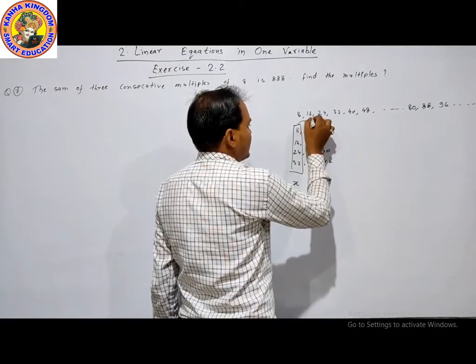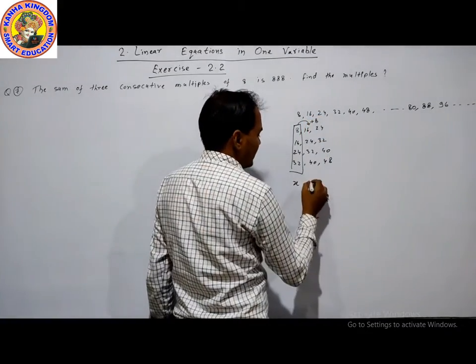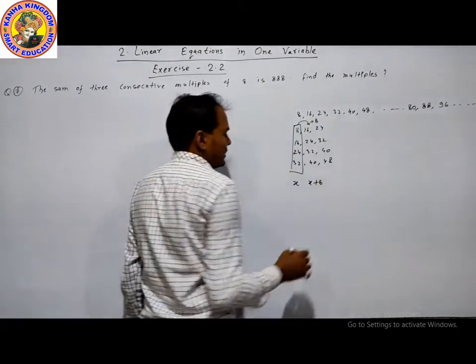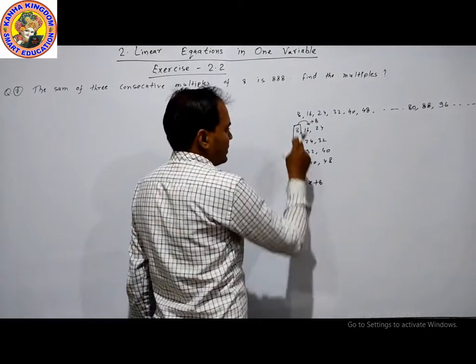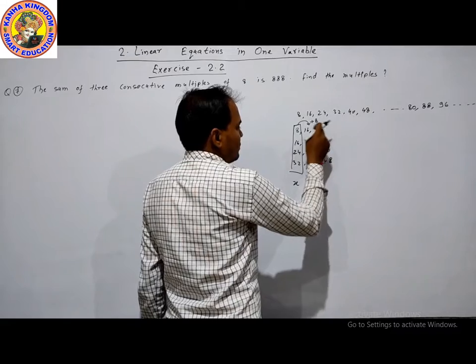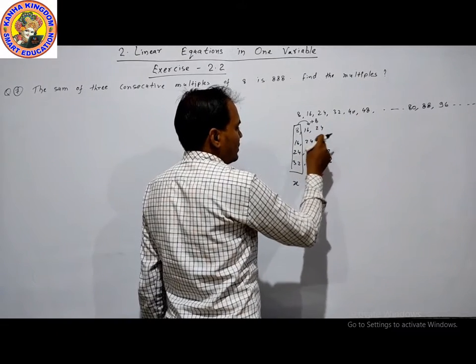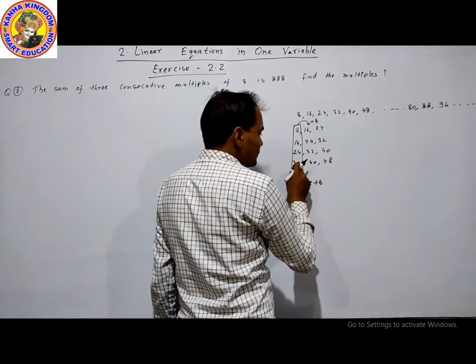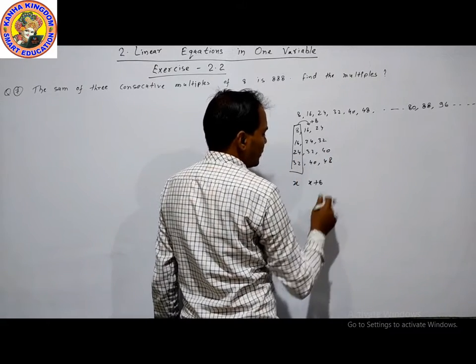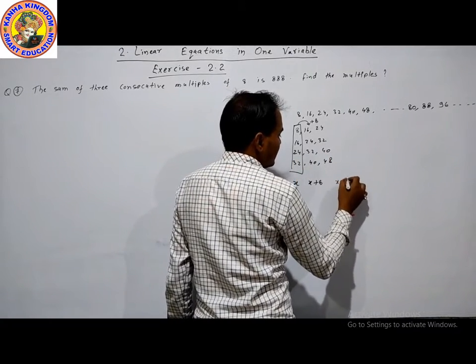The next number is plus 8. So x, then x plus 8. Move to our third number: 8 plus 16 is 24, 16 plus 16 is 32, 24 plus 16 is 40, 32 plus 16 is 48, which means plus 16.